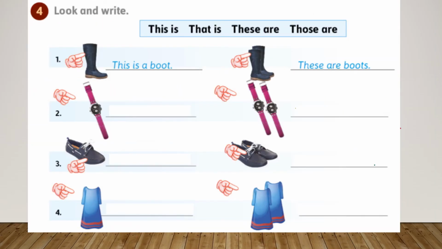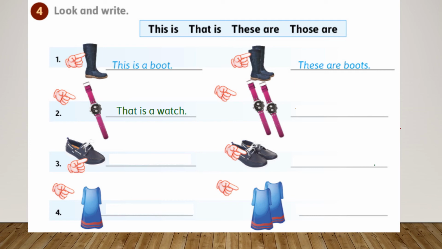Now, in exercise number 4, what you need to do is to look and write: this is, that is, these are, or those are. Of course, you know that we use this is if we are pointing at one thing very close or very near to us.